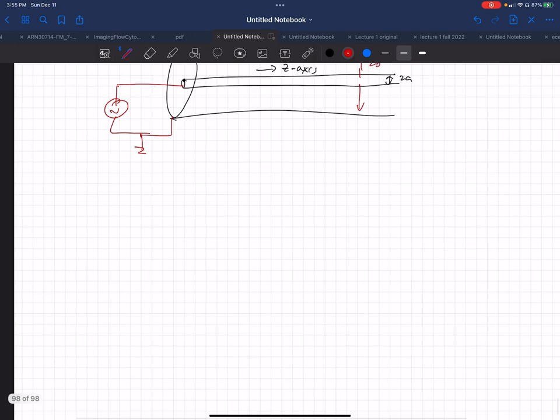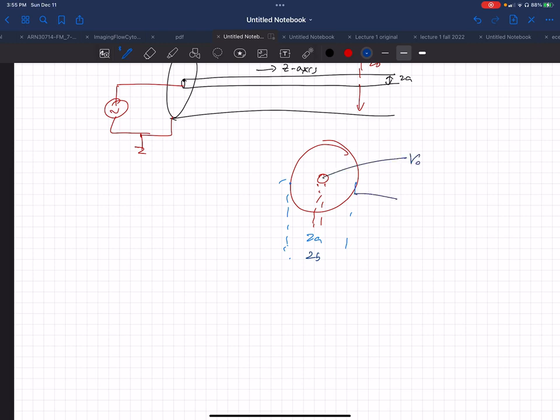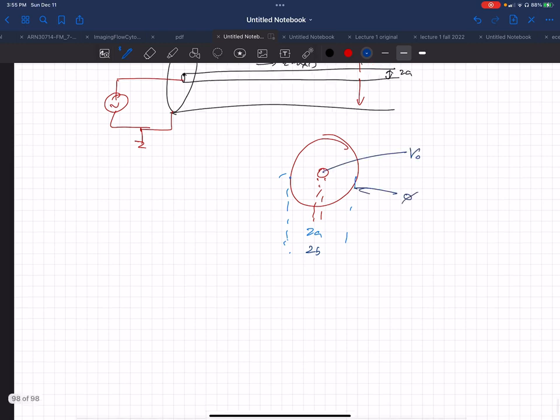So if I look at this at the cross section, that's the inner conductor, and that is 2a diameter, and the outer conductor diameter is 2b, and the inside voltage is V0, outside voltage is 0.